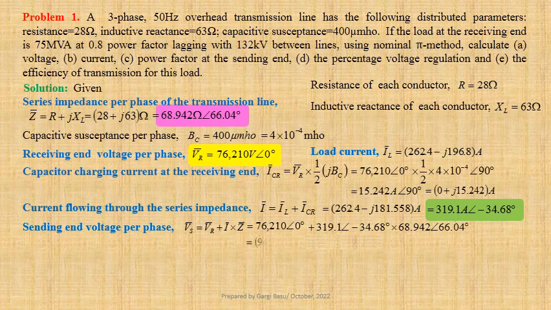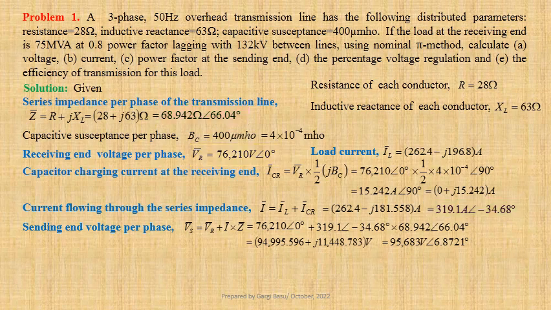That gives us 94,995.596 plus J times 11,448.783 volt. This may be written in polar form as 95,683 volts at an angle 6.8721 degree.